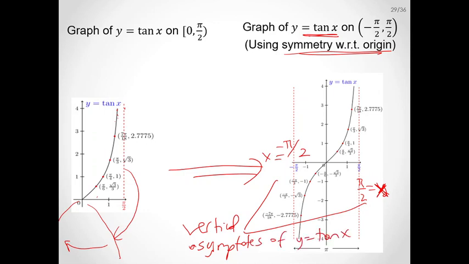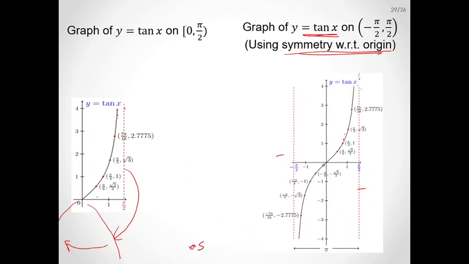Are these the only ones? No, we will see all of them. But now, around 0, these are the ones we have. A vertical asymptote means the function is approaching this line but never touching. It gets closer and closer and closer, but never touches. So these are called the vertical asymptotes.